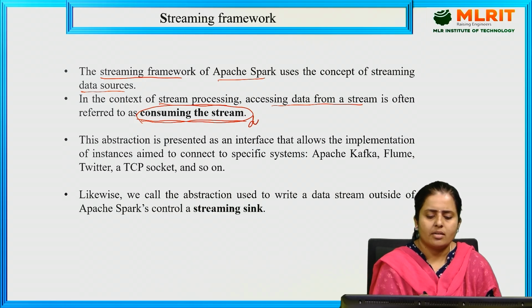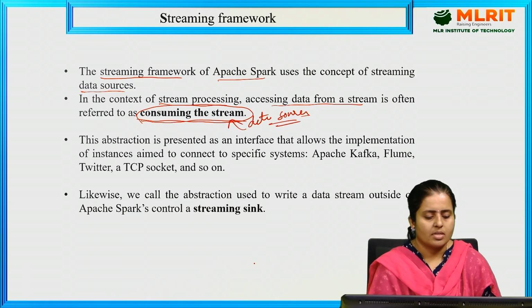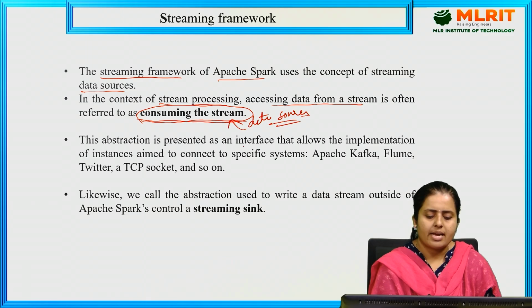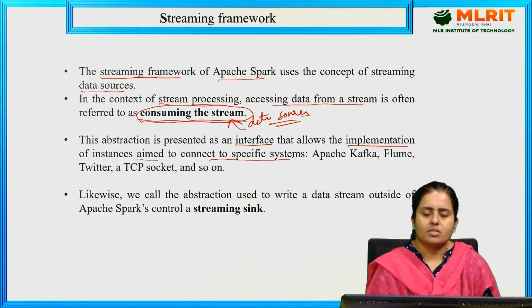So we can call the data source consuming the stream from multiple sources. This abstraction is presented as an interface that allows the implementation of instances aimed to connect to specific systems. Those systems are connected via this abstraction.